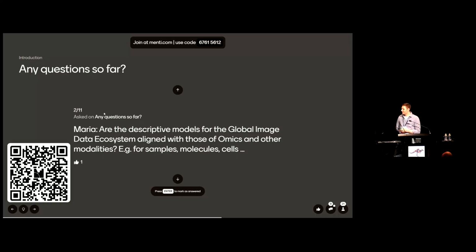So I will define first what I understand by these descriptive models. What foundingGIDE tried to define was first the metadata schema, and then for each of the items in the schema, or the recommended harmonization metadata structure, each of these items then has an ontology defined.